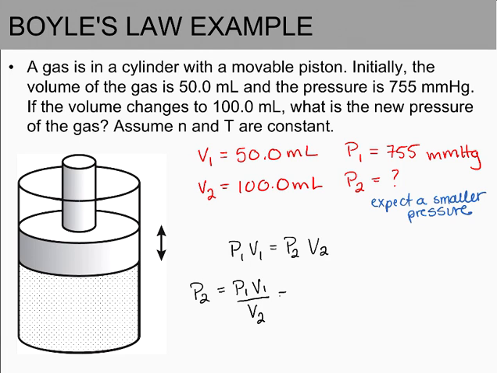Okay, so now we're just going to plug in what we know. So P1 was 755 millimeters of mercury. V1 is 50 milliliters. And V2 is 100 milliliters.